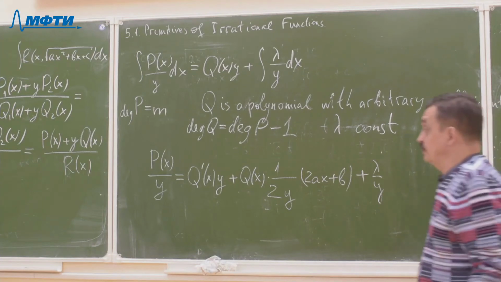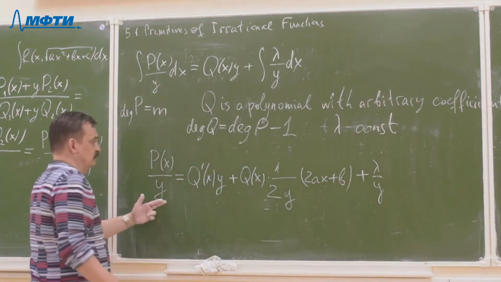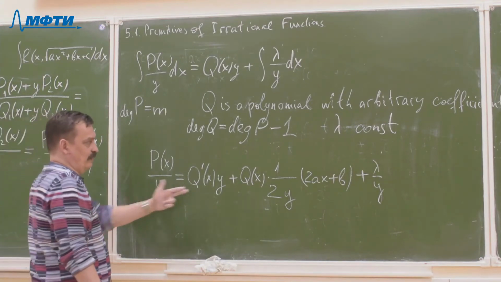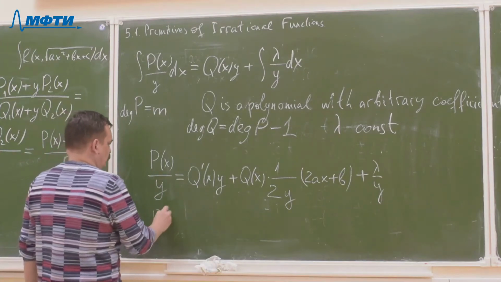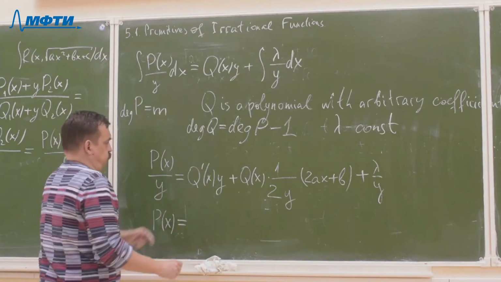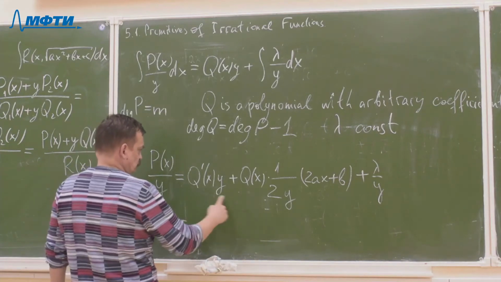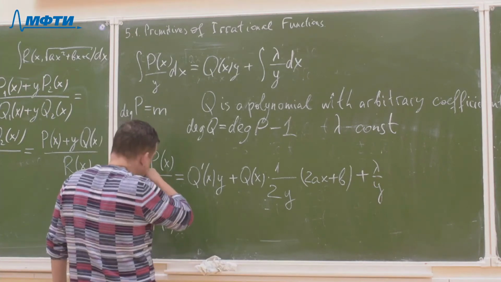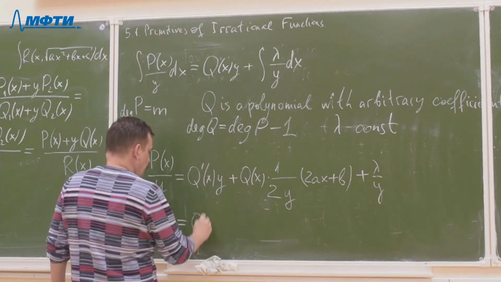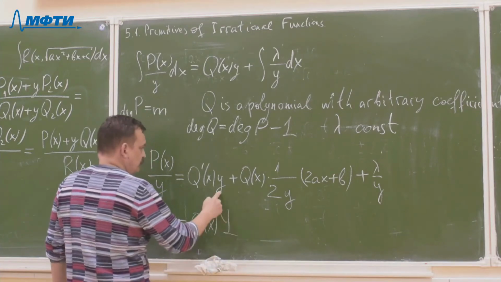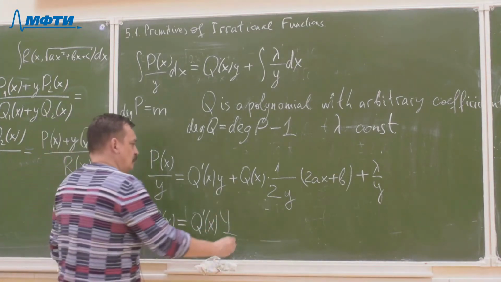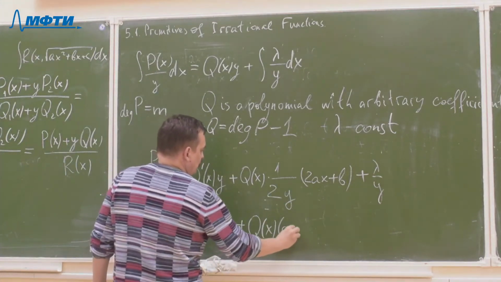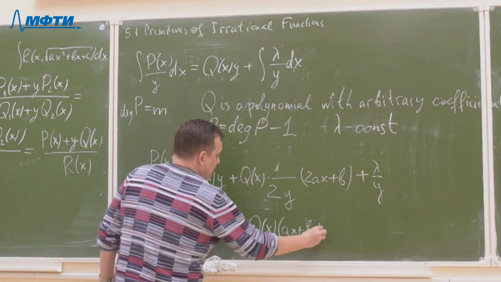So altogether, let me rewrite, take a common denominator, y in the right-hand side, and compare numerators. So we have q prime of x times capital Y, y squared here, plus q of x times ax plus b over 2, plus lambda.